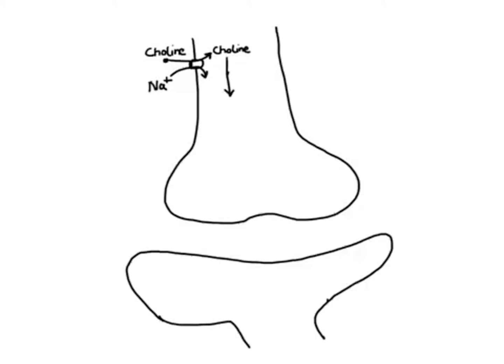To start with the synthesis of acetylcholine, acetylcholine requires choline, and this choline is taken up by the nerve end with the help of a sodium choline cotransporter, which causes the uptake of choline into the nerve end.